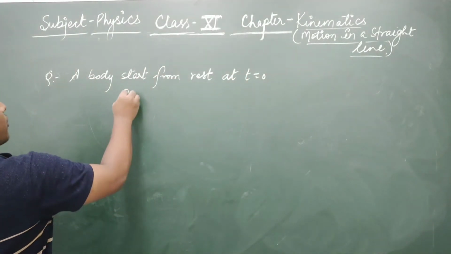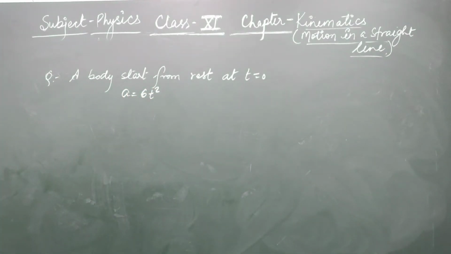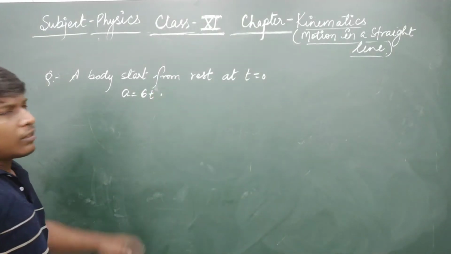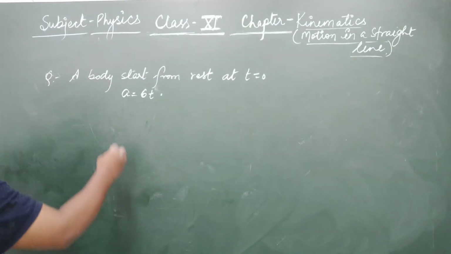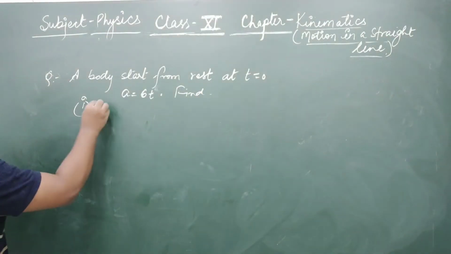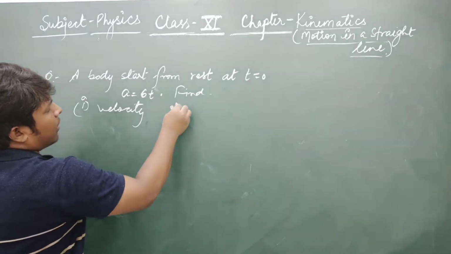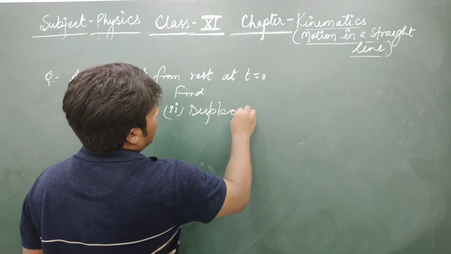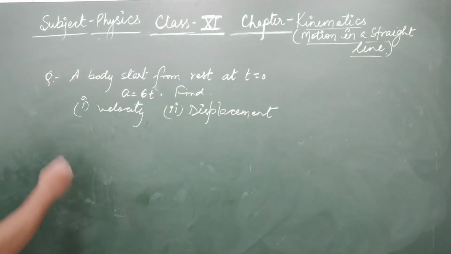The acceleration of 6t square means acceleration is a function of time. Now you have to find first the velocity and second the displacement. Now get the solution.